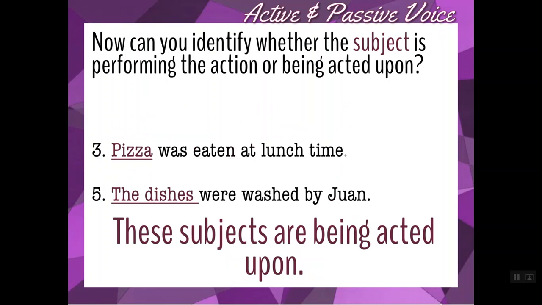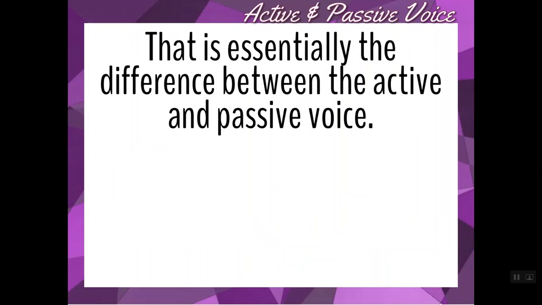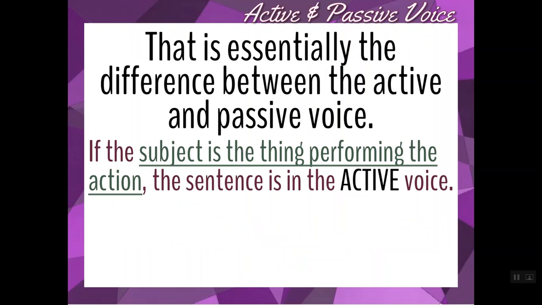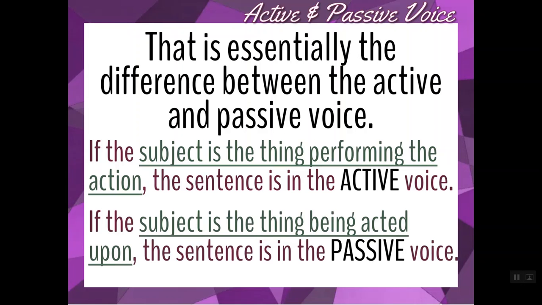The pizza was eaten at lunchtime. The dishes were washed by Juan. So the subjects in these cases, pizza and the dishes, are passive voice. That's the difference between active and passive. If the subject is the thing performing the action, the sentence is active. And if the subject is being acted upon, the sentence is passive.